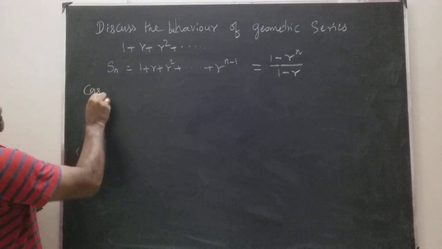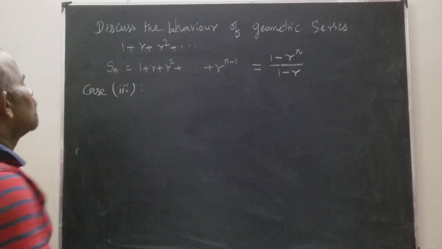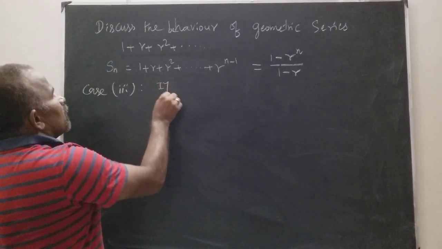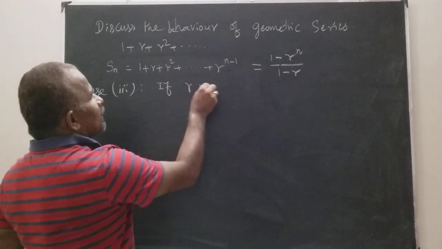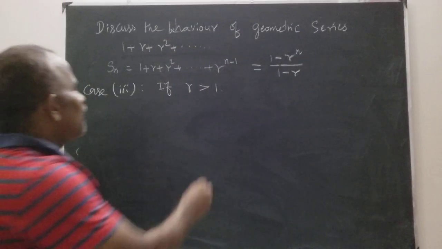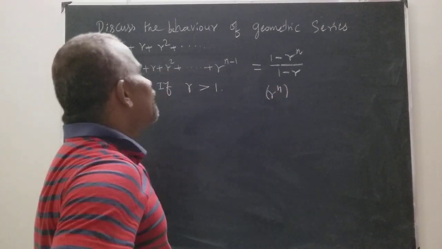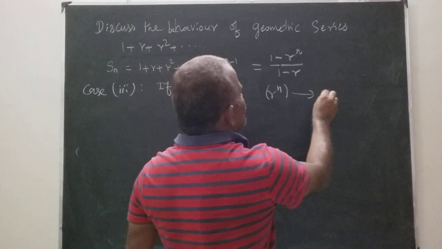Case 3. If r is greater than 1, we know that the sequence r power n diverges to plus infinity.